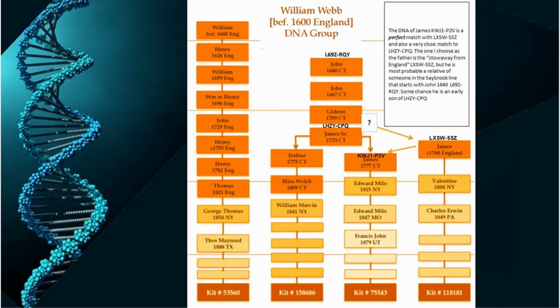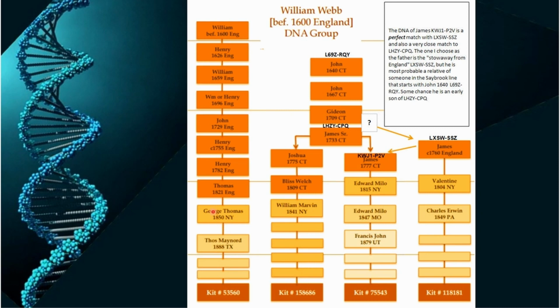So here's what the groups look like. The guy with the data in the UK actually has them in England all the way until George Thomas, 1850 in New York. Okay?